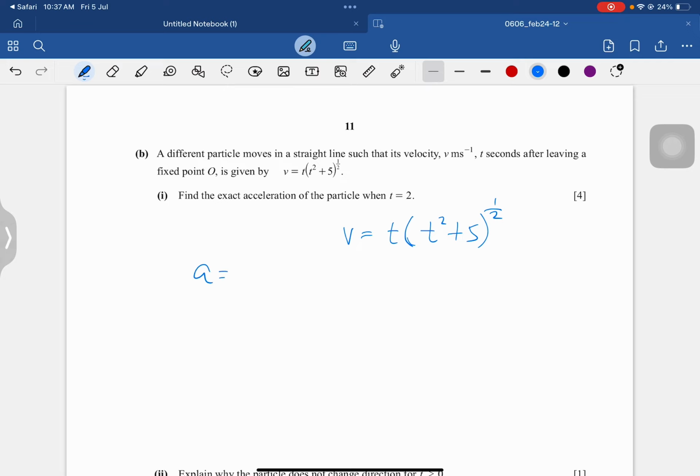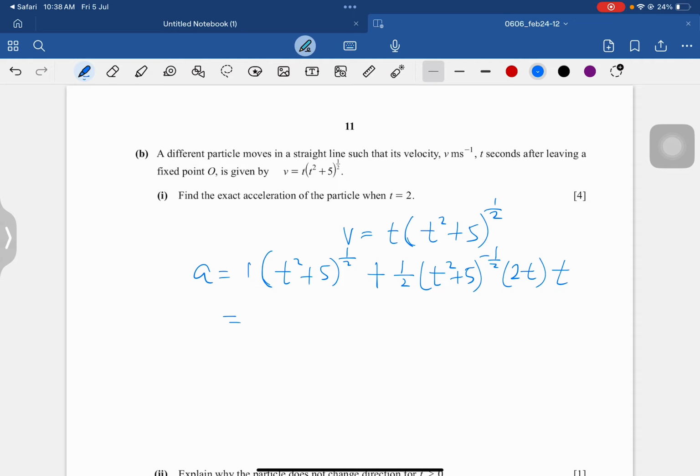A is equals to differentiate left, which is 1, times the right side, t squared plus 5 power of half, plus differentiate the right, half t squared plus 5 to the power of negative half, 2t times the left.